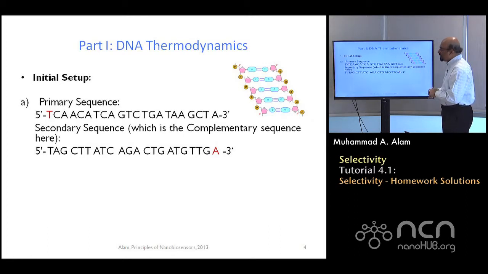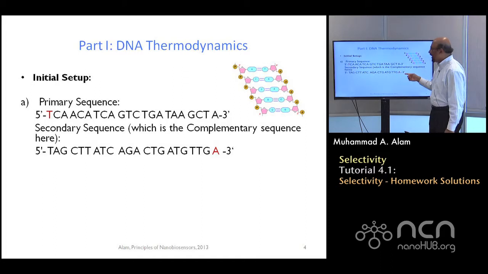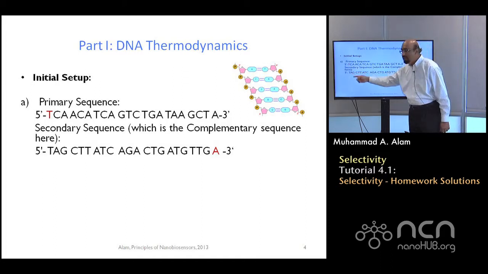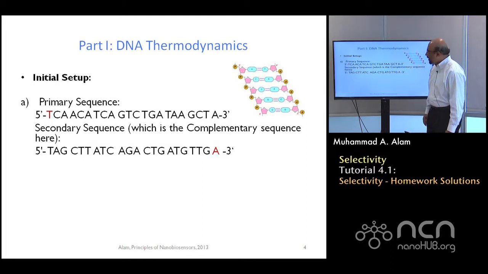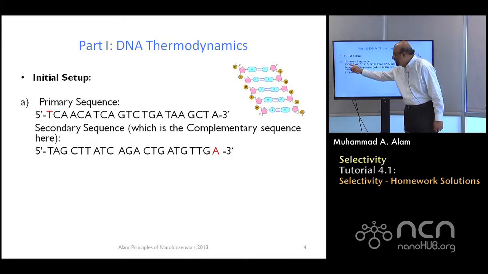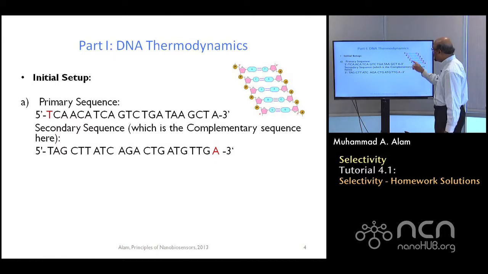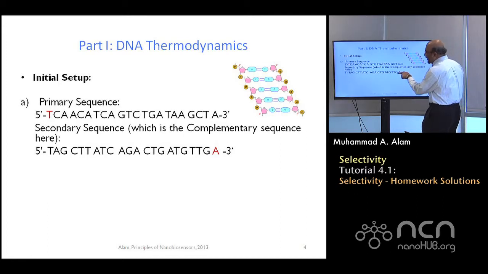And what we asked is whether the binding energy associated with this, with another one. And this bottom one is the target molecule. Now you may be thinking that this doesn't look very complementary. After all, there is this T, and T cannot possibly conjugate with a T. But you see, the way you have to think about it, this 5 prime on the top always goes with 3 prime. So you should be looking from this side onward.